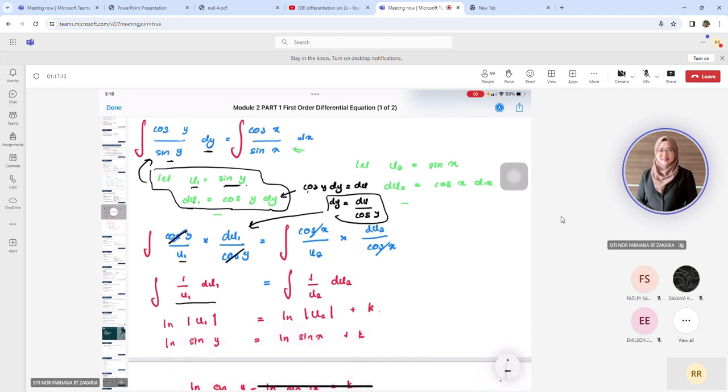So this kind of method is actually to simplify your equation so that you can integrate easily. Okay? Okay, doctor. Same thing for integrating cos x over sin x dx. The method is the same too. Okay? Okay, any more questions? Anything?